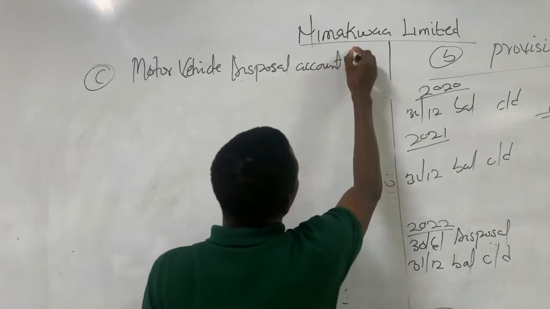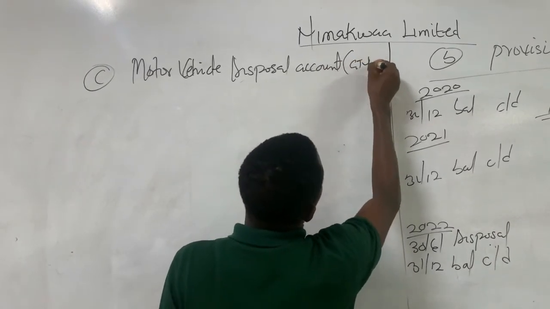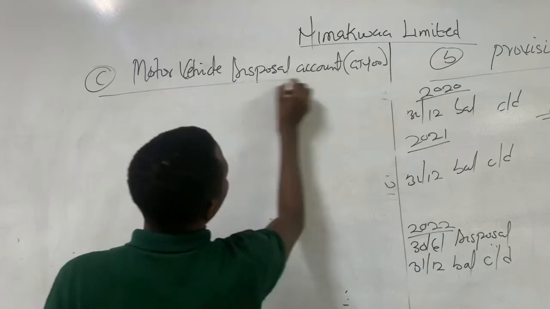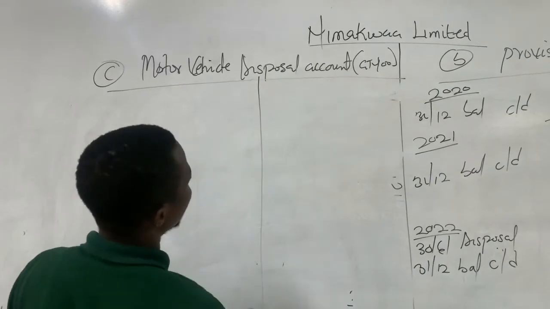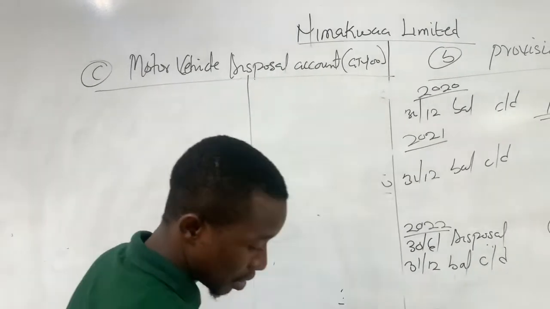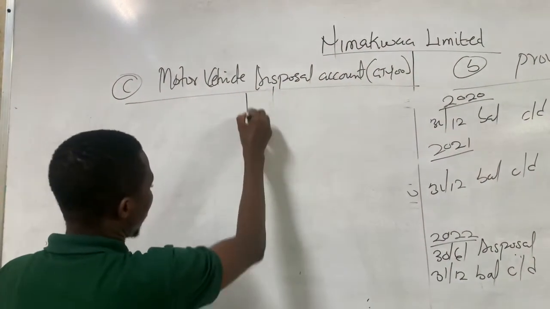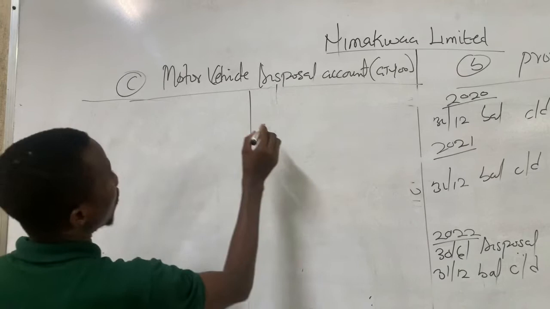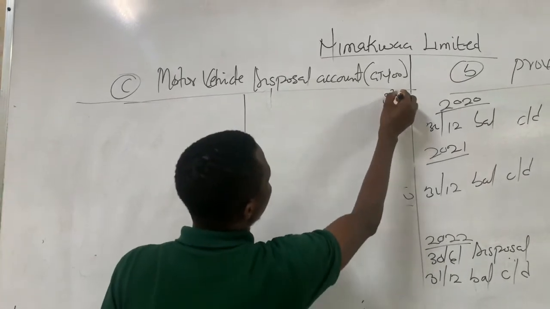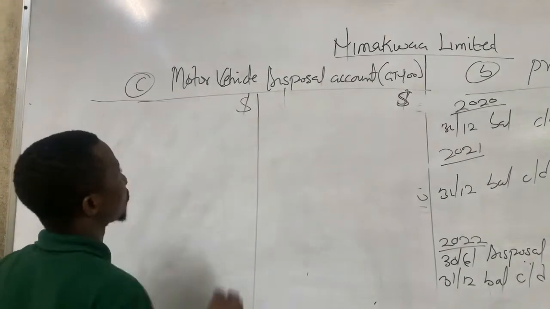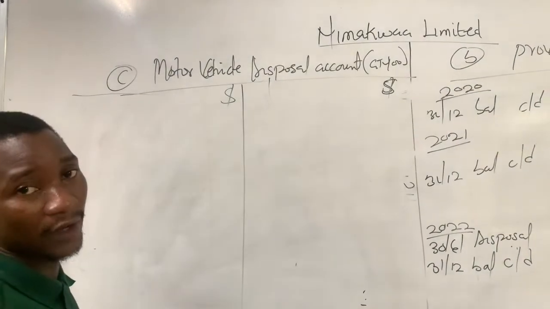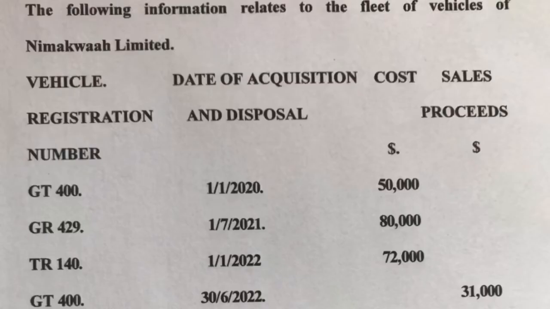Remind you, the asset was GT 400. Let me actually give a space. All is in dollars. We are going to do transfer of entry. Is that okay? It is very, very simple.